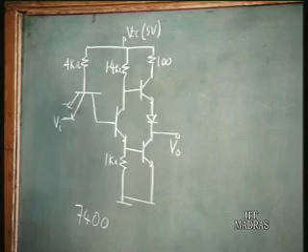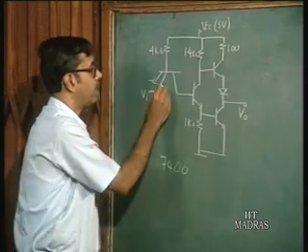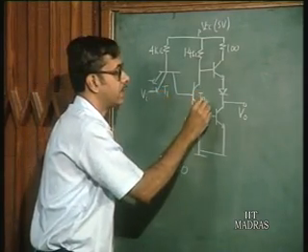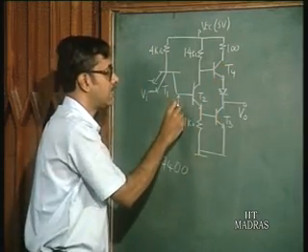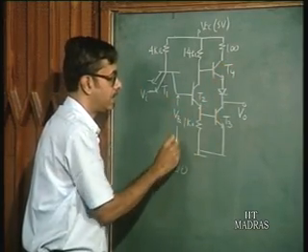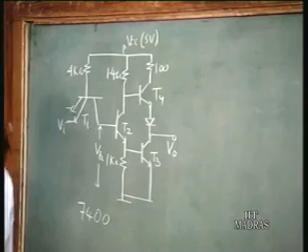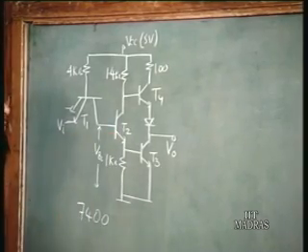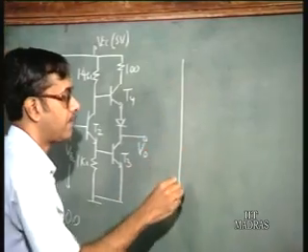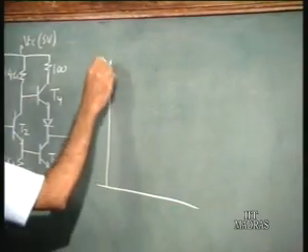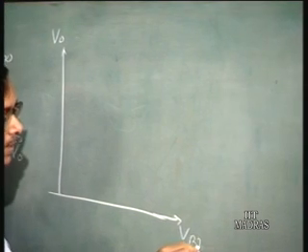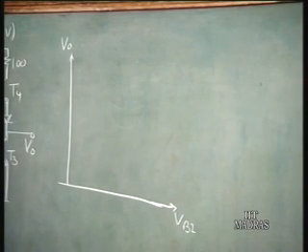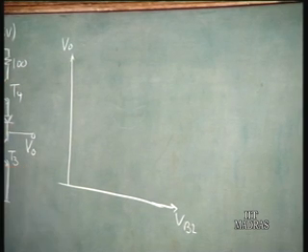Now, before actually going into the input output characteristics, the better way to do this is to consider this input here at the base of transistor T2, and obtain the characteristics of the output voltage versus the voltage at the base of T2, that is VO versus VB2 characteristics.